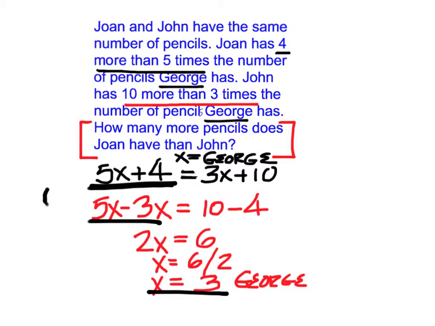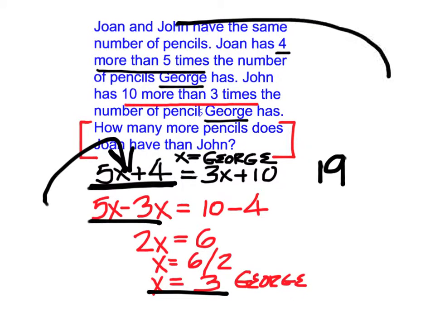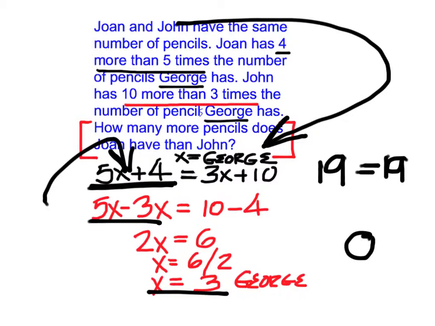If I put a 3 in for x, what do I get? 19. And then John is over here, 3x plus 10. If I put a 3 in for x, what do I get? 19. So how many more pencils does Joan have than John? The answer would be 0 because they have the same amount.